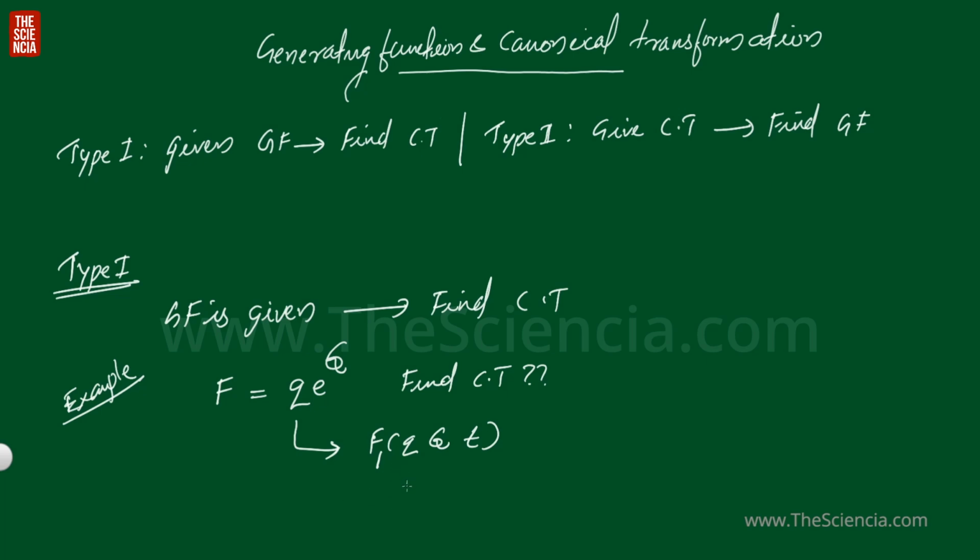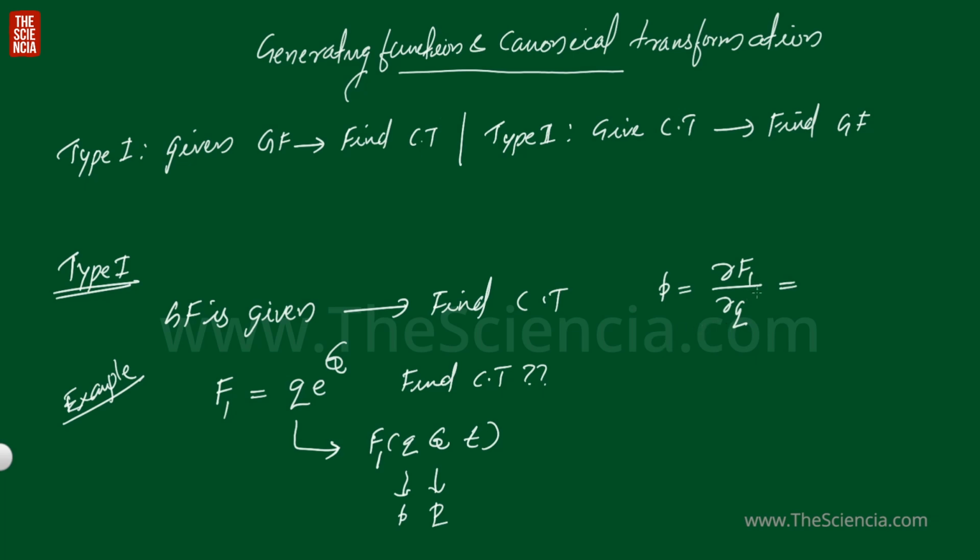For this generating function, we know the missing coordinates are small p and capital P. So we get small p, the missing coordinate, equal to ∂F1/∂q. Here F1 is equal to q e^q.